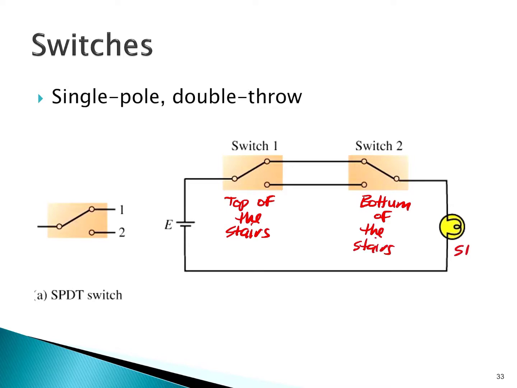And let's say this is a stairway light. Okay, so the idea with the wiring of these two single pole double throw switches is that if you were to be at the top of the stairs and turn on the light to see your way down, when you got to the bottom, you could turn it off without having to go back up. And so this is called a three-way switch.